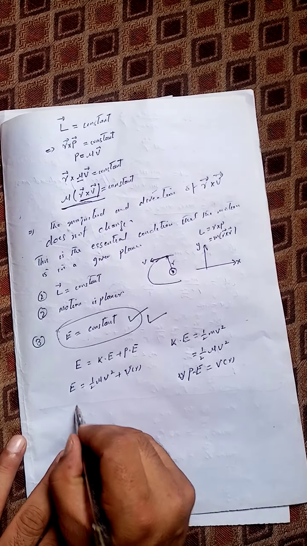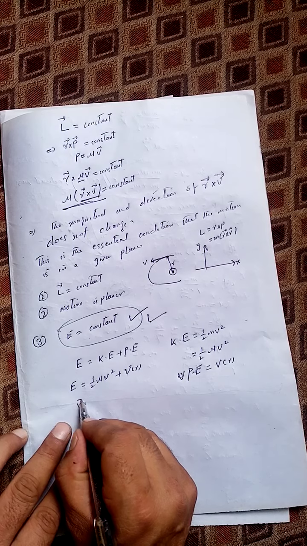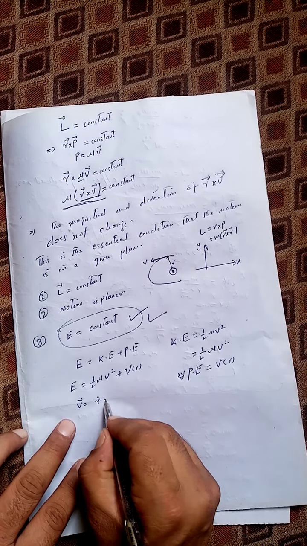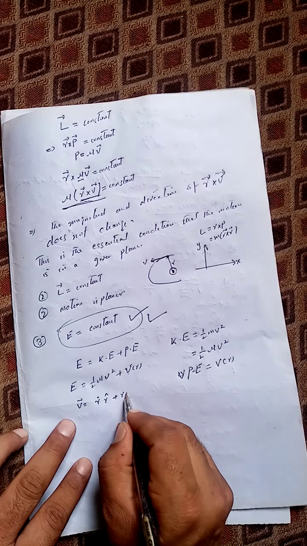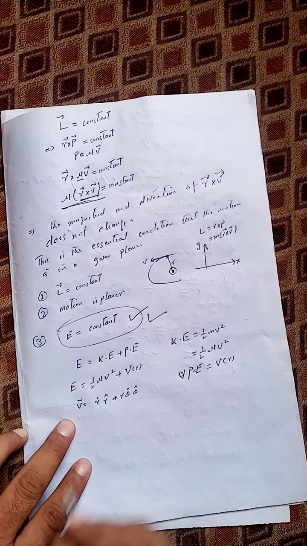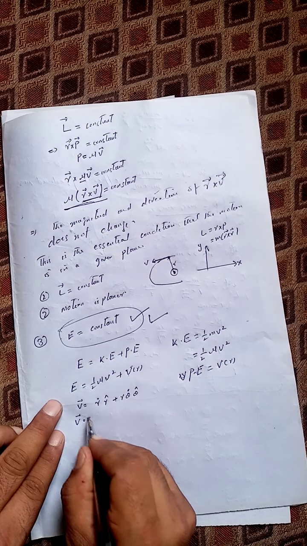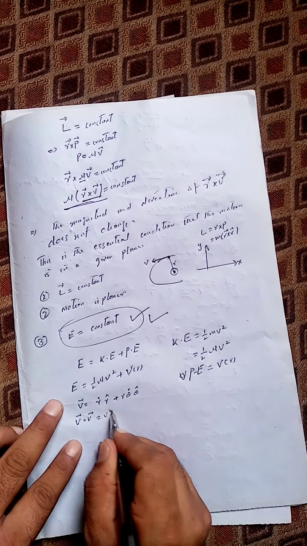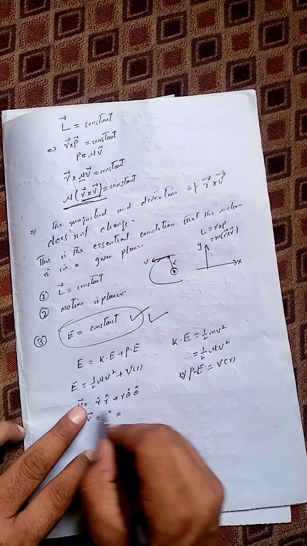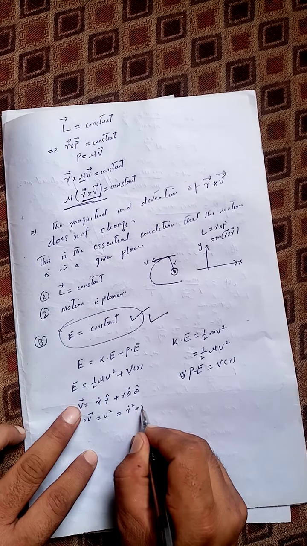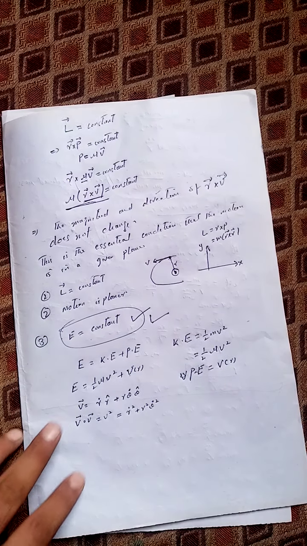Now velocity is basically, as we did in the plane polar coordinate system, r dot times r unit vector plus r theta dot times theta unit vector. If we calculate the dot product of velocity with itself, we get v square, and taking the dot product we get r dot square plus r square theta dot square.